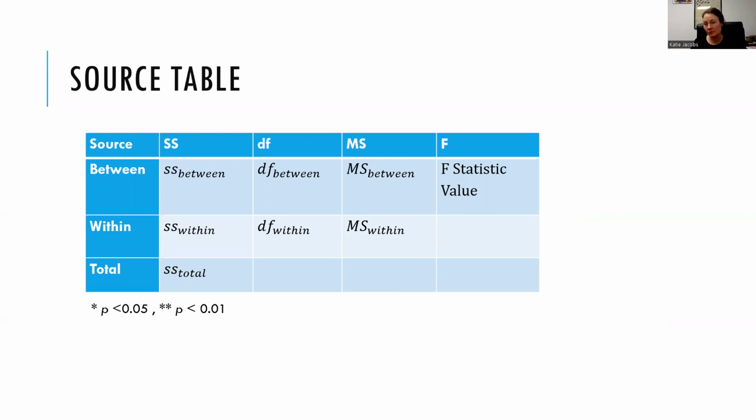Then we'll draw out our normal curve for both an alpha level of 0.05 and an alpha level of 0.01, so you'll have two curves. If it's significant at the 0.05 level, you'll put one asterisk by the F statistic value. If it's significant at the 0.01 level, we'll have two asterisks. That's because if our F statistic is significant at the 0.01 level, it will always also be significant at the 0.05 level.